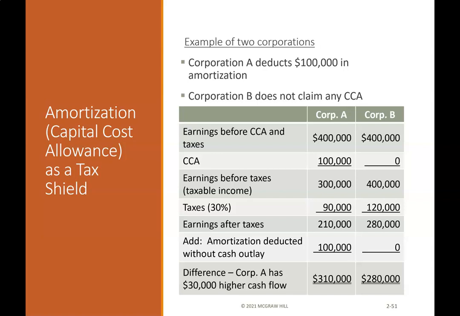We add the amortization deducted without cash outlay, which is $100,000 for Corporation A and $0 for Corporation B. And the total for Corporation A is $310,000. The total for Corporation B is $280,000, for a difference of $30,000.